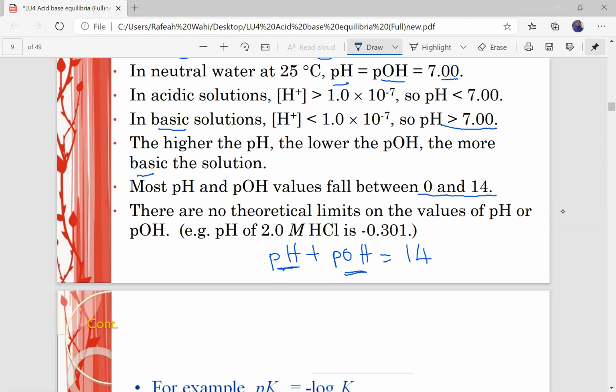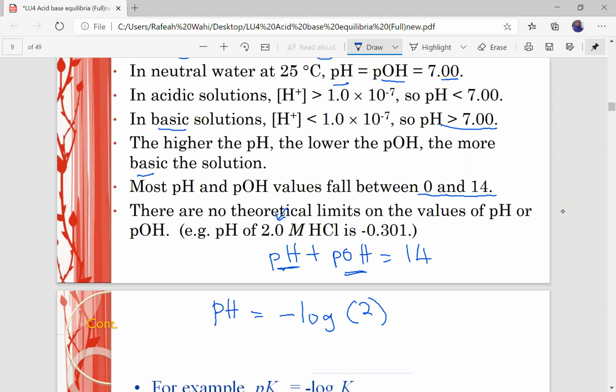For example, if we're dealing with the pH of 2 molar HCl, we go back to the definition of pH. It is negative log of the concentration of H plus ion. In this case, the concentration of H plus ion is 2 molar.